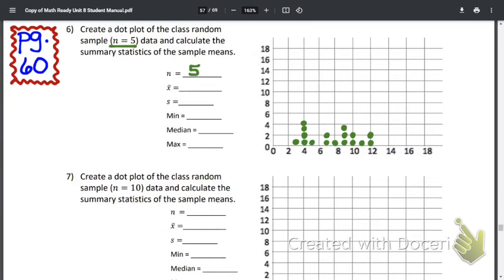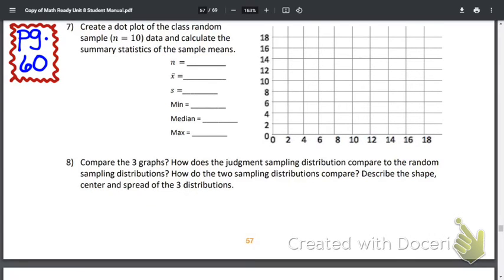All right, you ready to do the last one? We're going to do the last one. Since it's blue dots, I'm going to have blue up on the screen. Our n this time, how big was our sample size? 10. So we're going to put 10 where it says n.